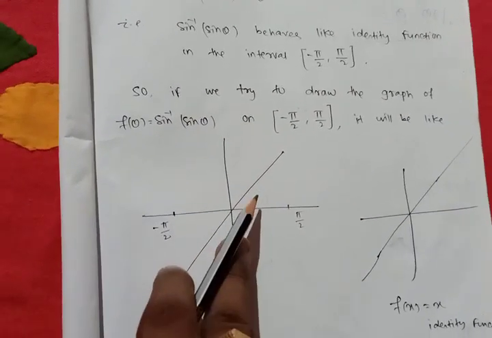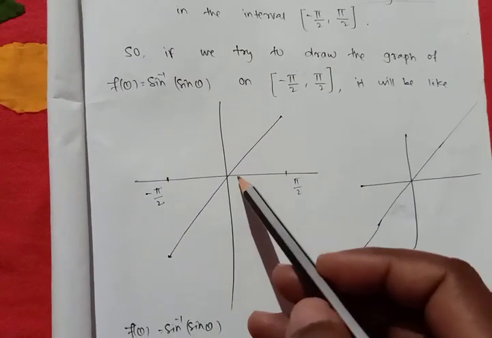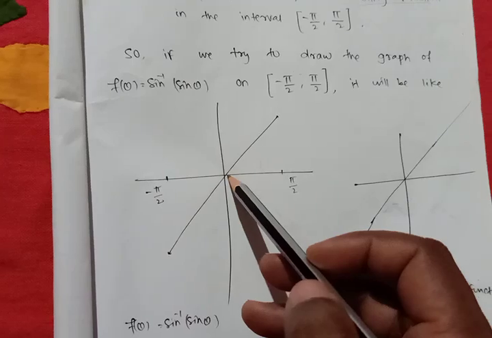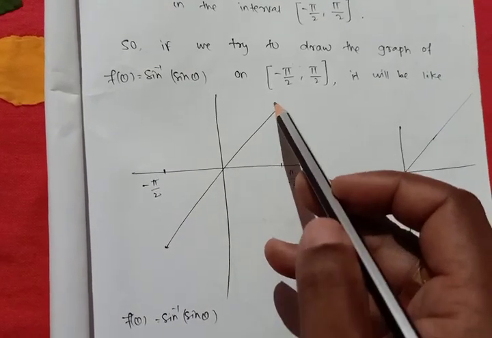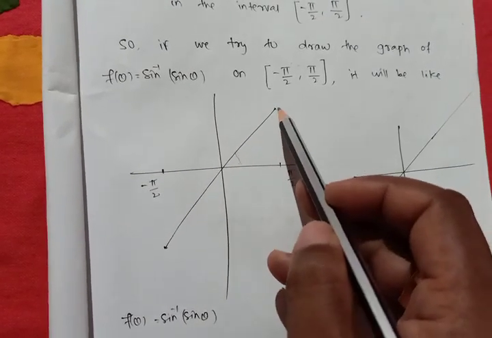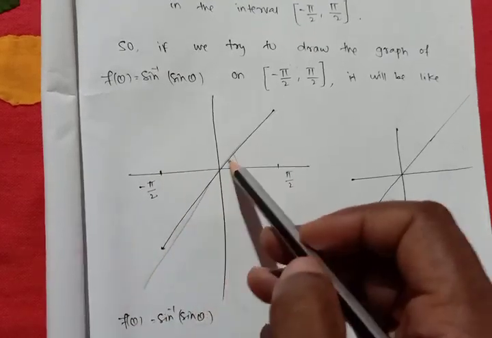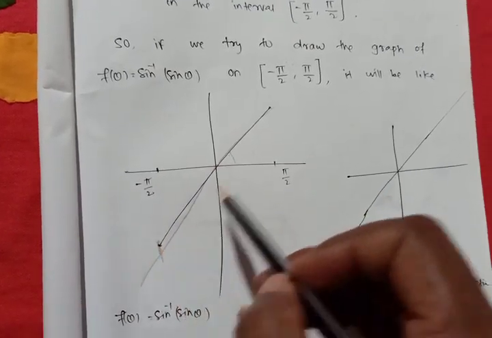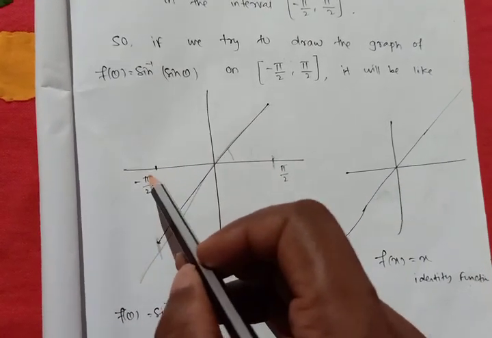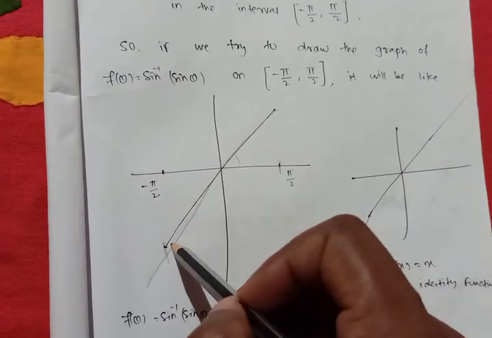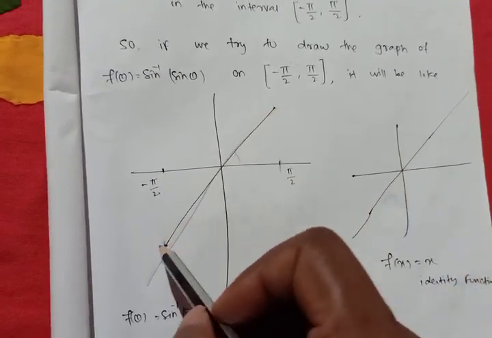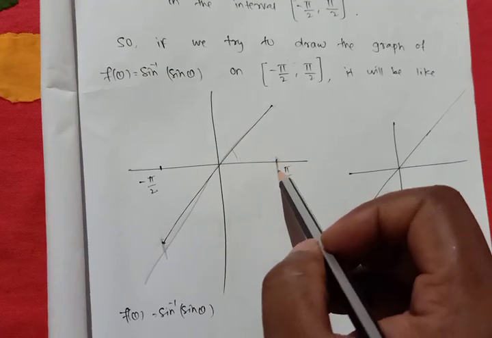We get a straight line passing through the origin and making an angle of 45 degrees. This is the identity function, as you know. Of course, it is restricted to the interval minus pi by 2 to pi by 2. This is the graph in the interval minus pi by 2 to pi by 2.